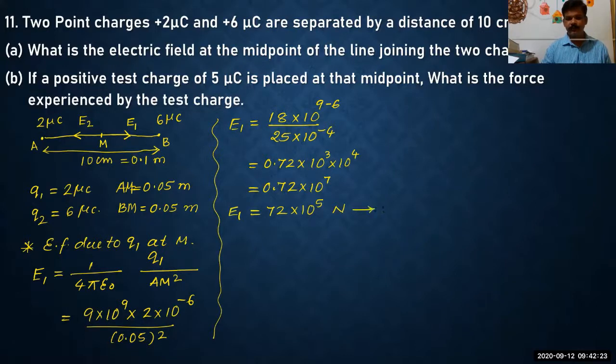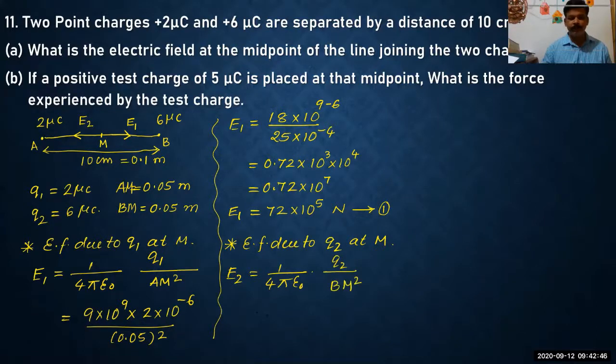Now go to the next part, the electric field due to Q2 at M. Follow the same procedure. Write the formula, but this time take Q2 and the distance BM. Substitute the values: 6 into 10 raised to minus 6 is the charge Q2, and BM is the same, 0.05 whole square.